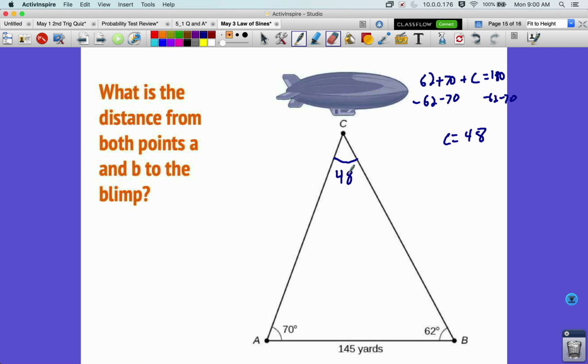And now I've got an angle on the opposite side, so I can solve for these 2 lengths. So I'll set it up as 2 different equations.